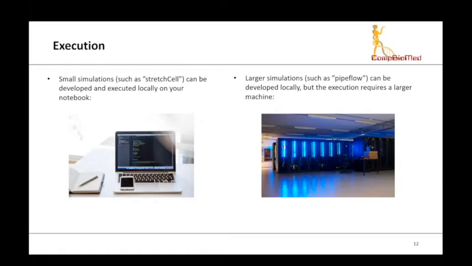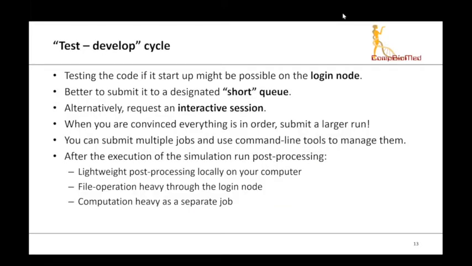Now, just a little bit about this development cycle. First off, the code is usually set up using the login node. Now, these nodes, as Gavin already explained, are typically not used for production runs. First, it's a single node.